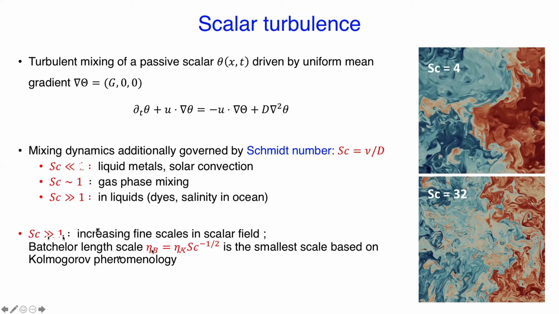The Batchelor scale is already 10 times smaller than the Kolmogorov length scale, just at a Schmidt number of 100. For example, in the mixing of salt in the ocean, the Schmidt number is of the order of 700. To capture that at a modestly high Reynolds number is extremely difficult in numerical simulations.